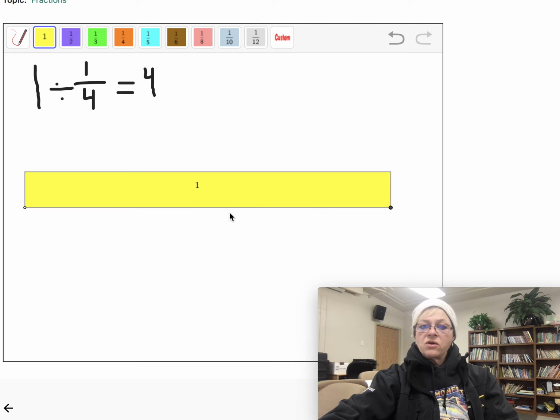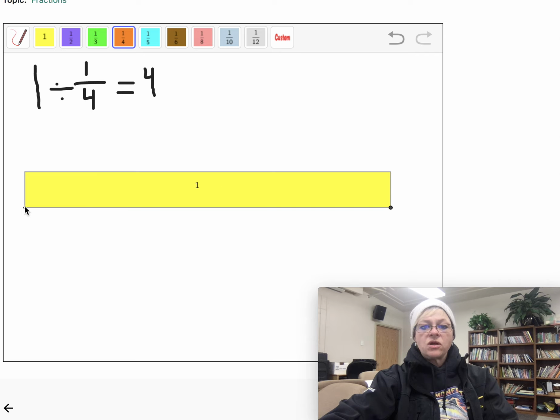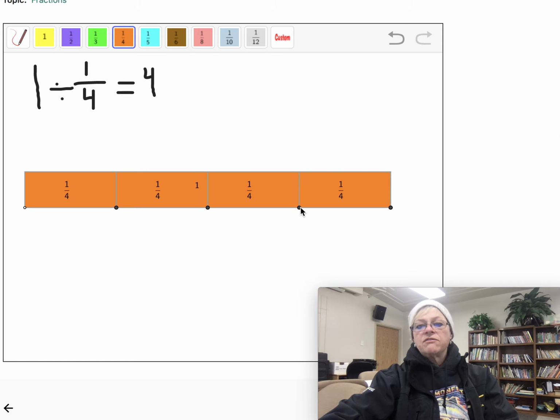So here's my 1 whole fraction strip, and I'm going to get my 1/4 pieces. And let's count and see how many 1/4 fit into this 1 whole. 1, 2, 3, 4. So yes, this equation, 1 divided by 1/4 equals 4, is absolutely true because 1/4 fits into 1 exactly 4 times.